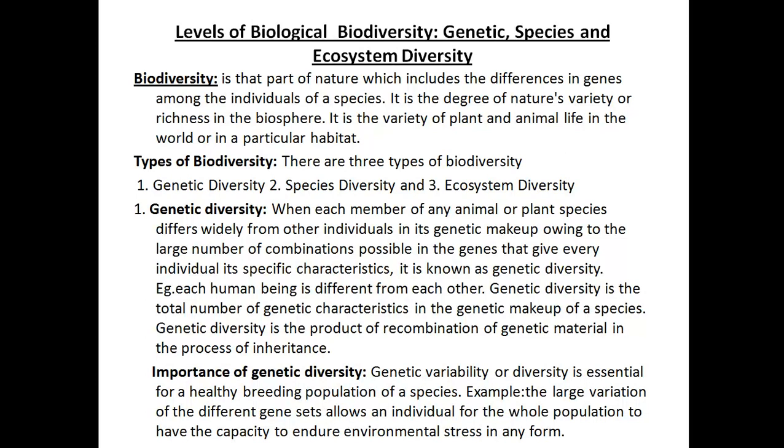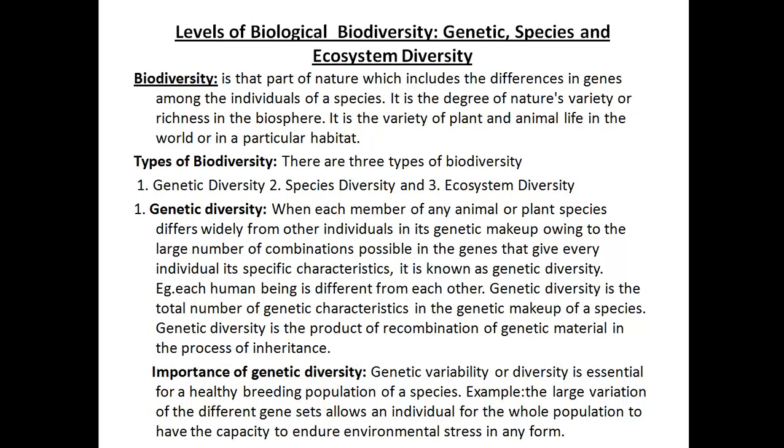Now this is due to the different combination of genes present in its chromosomes. During the formation of gametes, during cell division known as meiosis, the maternal and paternal chromosomes exchange segments so that the gametes which are formed will have a combination of genes from the mother and father.